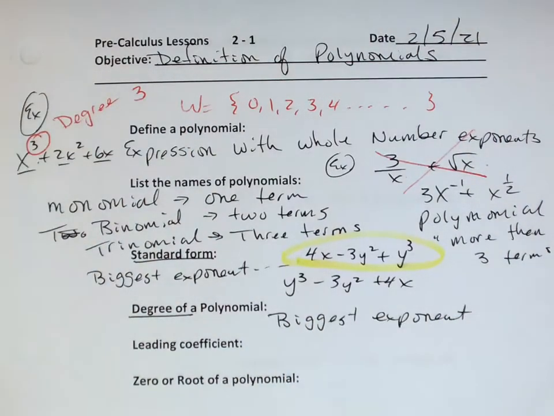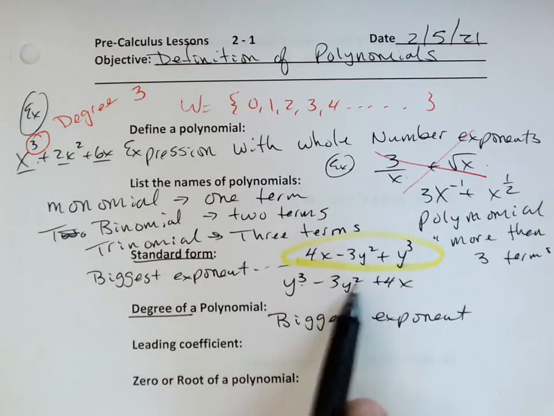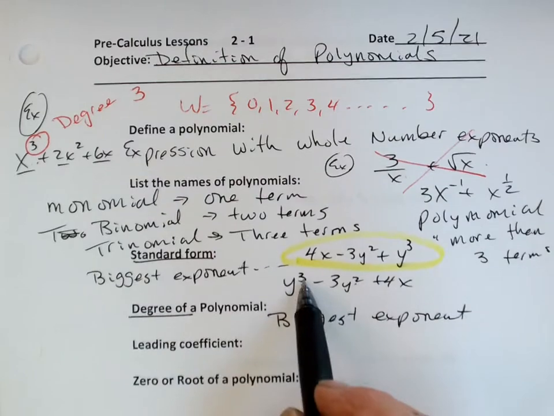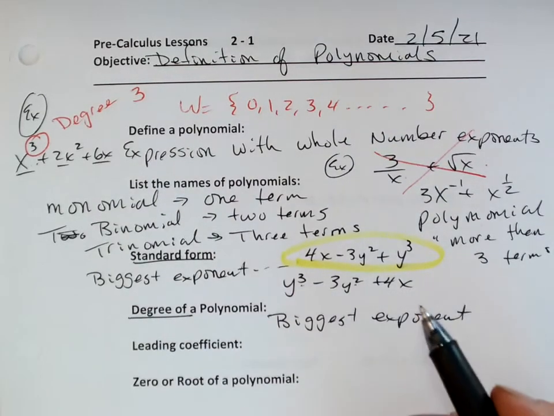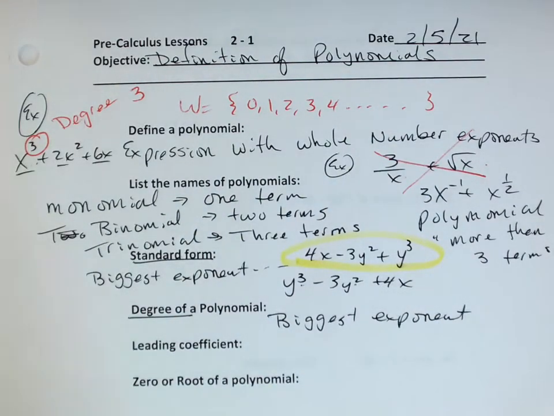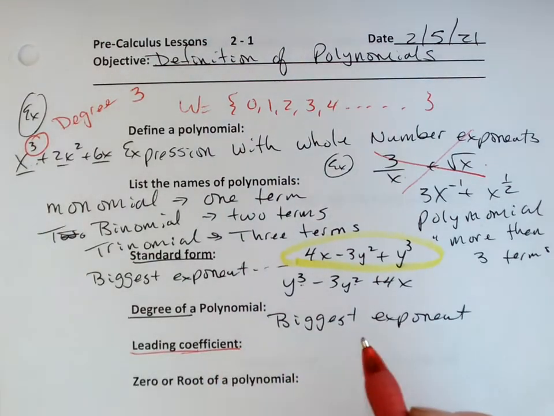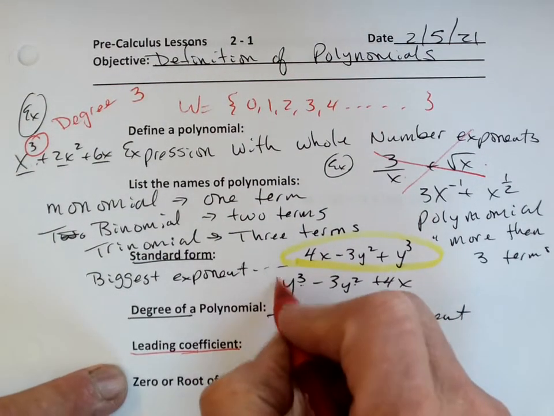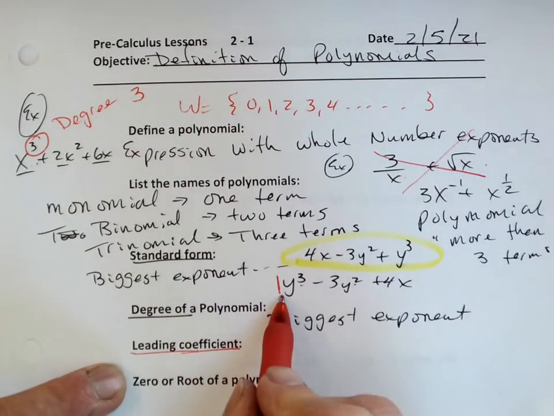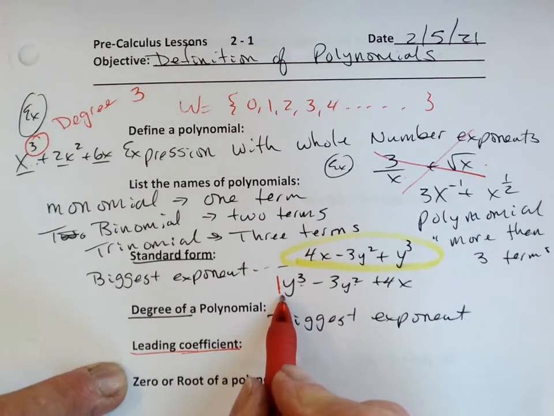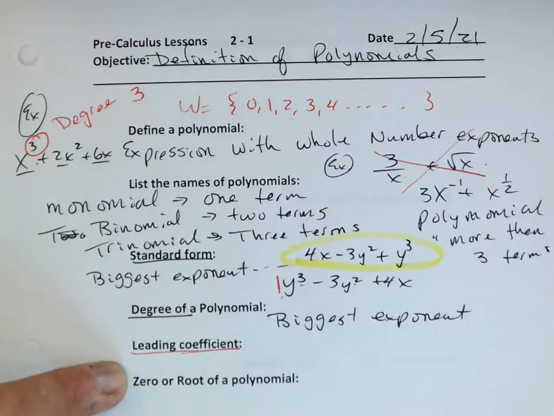So we call it descending order. Biggest exponent all the way down, okay? And the degree of this one would be degree 3, okay? Now, once you write it in order, the leading coefficient, who's leading the charge? Who's in front? Well, the number in front. In this case, the leading coefficient's 1. It's just the number in front.